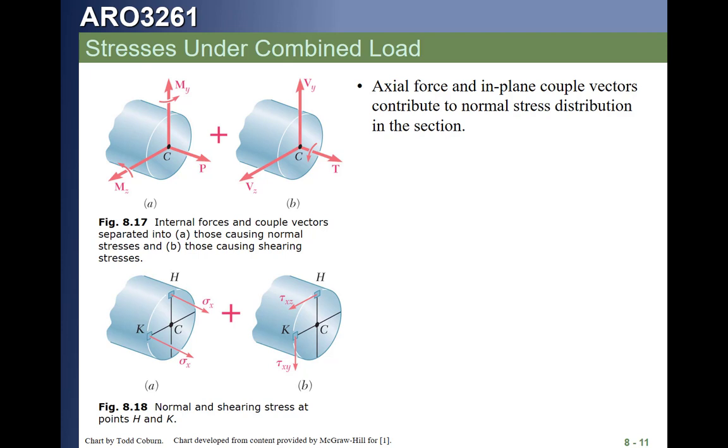Our shear stresses: our Vy will cause zero shear stress at point H, since that's at the top, but it causes a maximum shear stress at point K. And Vz causes a zero shear stress at point K, but a maximum shear stress at point H. The torque is going to cause a uniform stress of TR over J, which is maximum at the extreme fiber going all the way around.